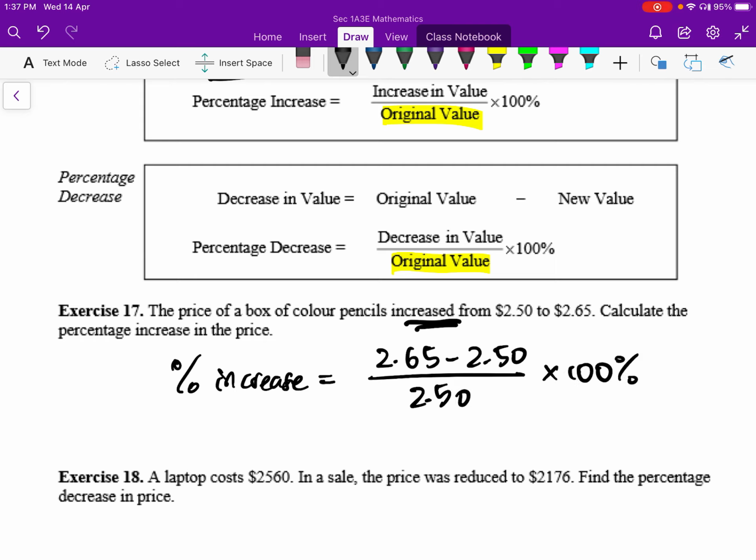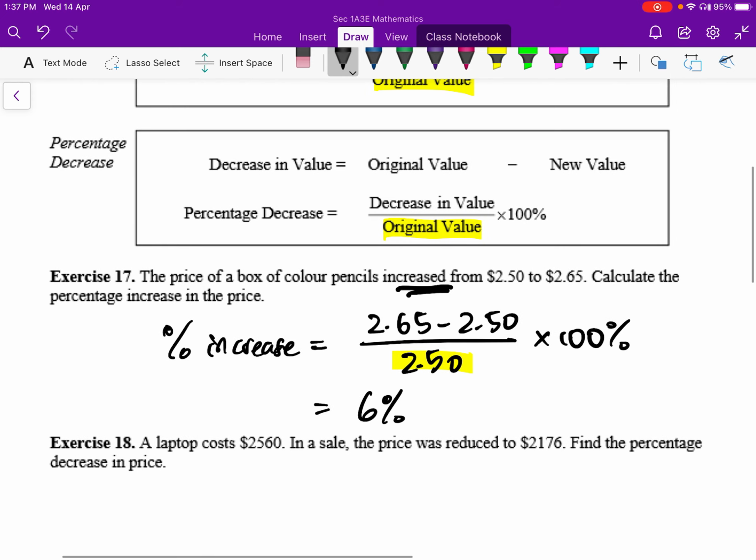So the numerator is just your increase, denominator is original. Denominator always original. So 0.15 times 100, you get 6%. So just a reminder again, make sure you have your percentage symbol over here as well as over here.